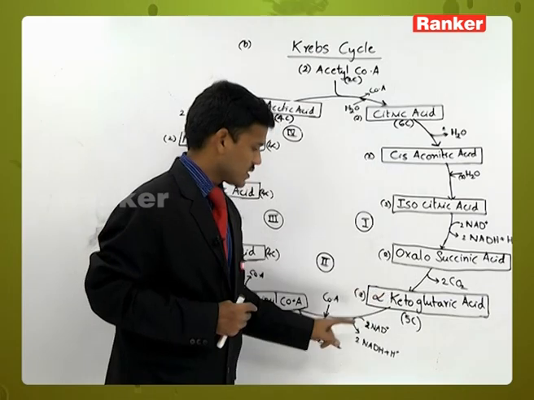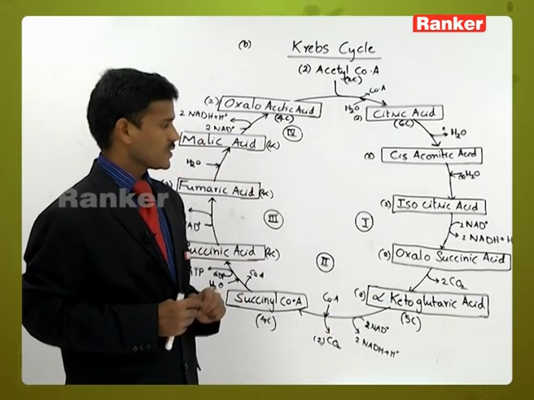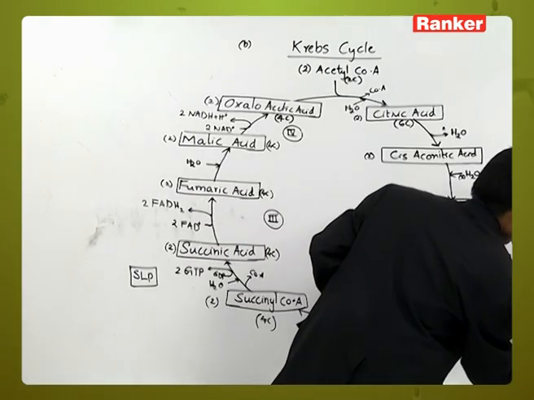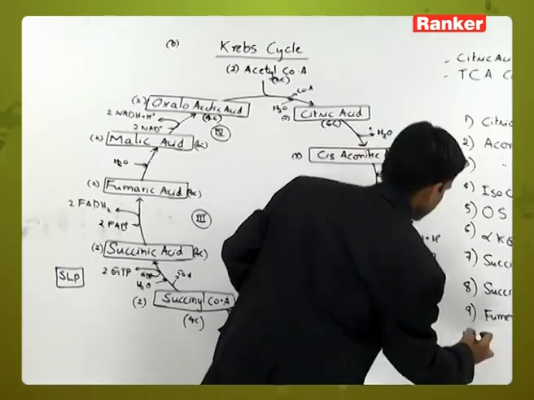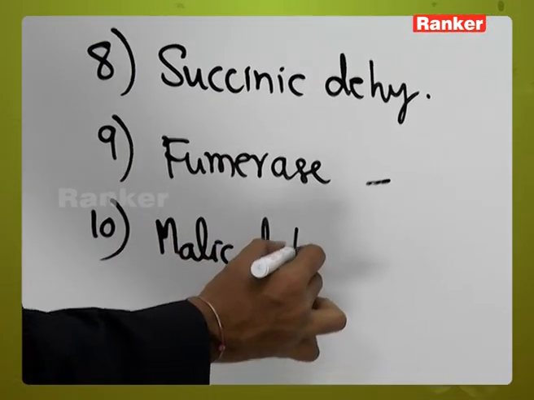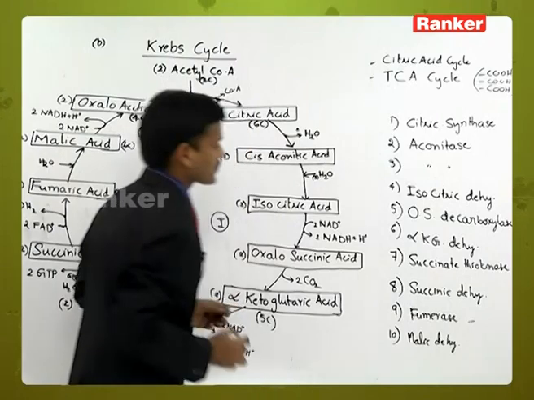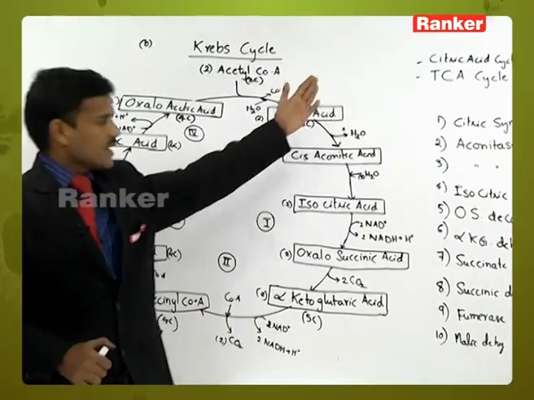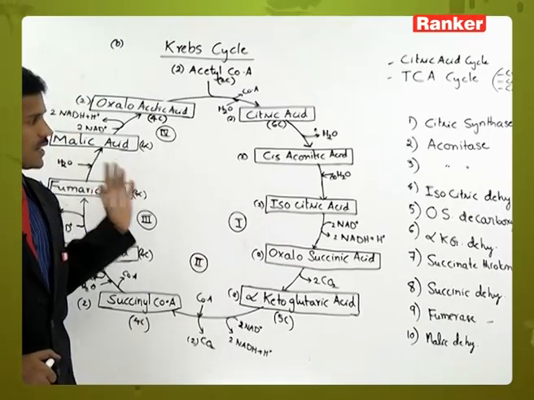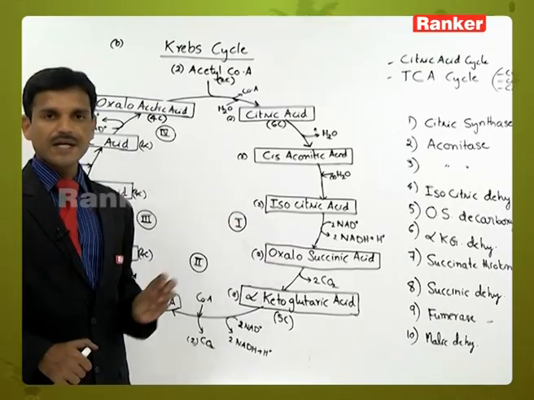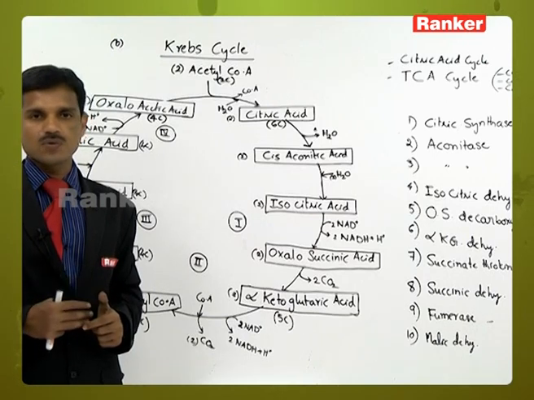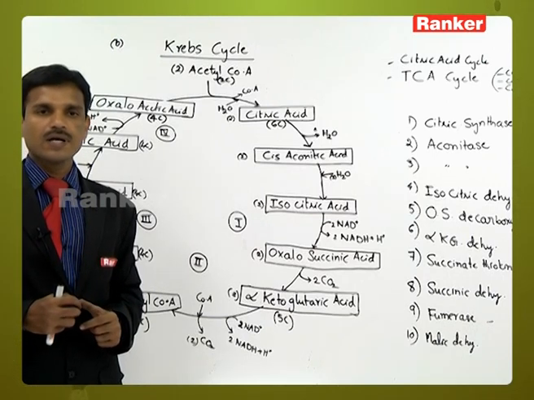The last enzyme is malic dehydrogenase. So these are the enzymes involved in the different steps, and the end products are 6 NADH2s, 2 FADH2s, 2 GTPs, 4 CO2s. That is about the Krebs cycle.